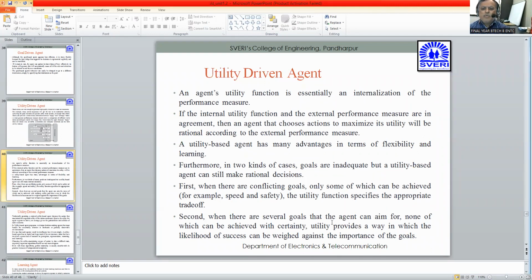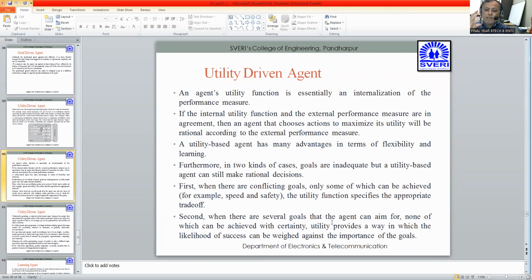Second thing is that when there are several goals that the agent can aim for, none of which can be achieved with certainty, utility provides a way in which the likelihood of success can be weighed against the importance of the goal. दूसरी बात यह है कि एक डेस्टिनेशन नहीं है, एक गोल नहीं है, दो तीन गोल हैं. सपोज़ if I want to go to पंढरपुर also and then I have to go to पूना also. अब इस वक्त वो कैसे तय करेगा कि किधर जाना है, कैसे जाना है? दोनों तरफ तो जाना है.